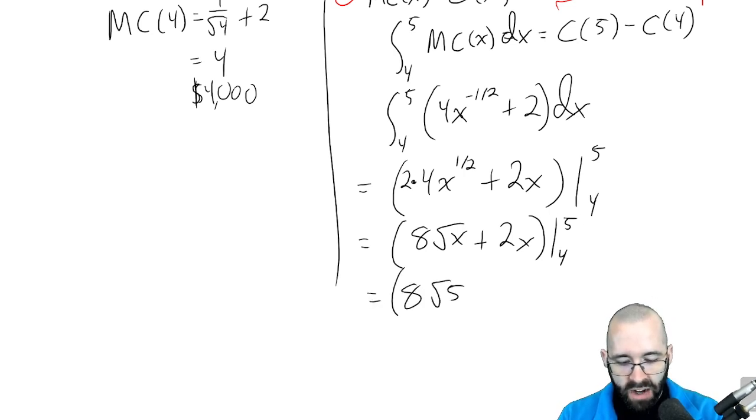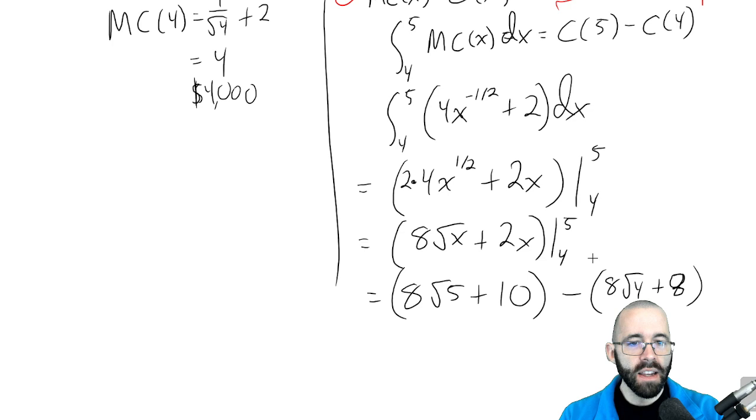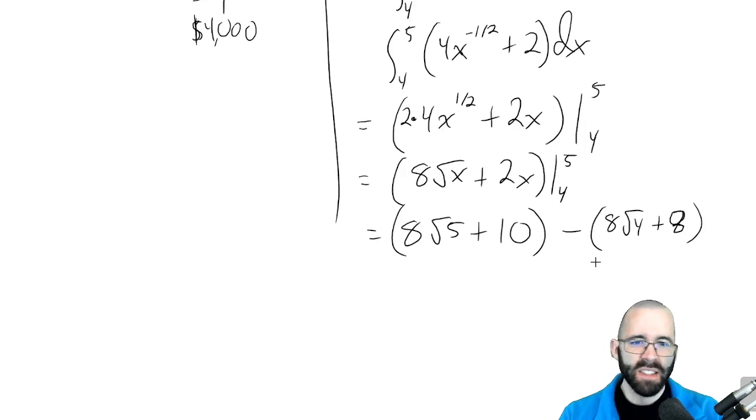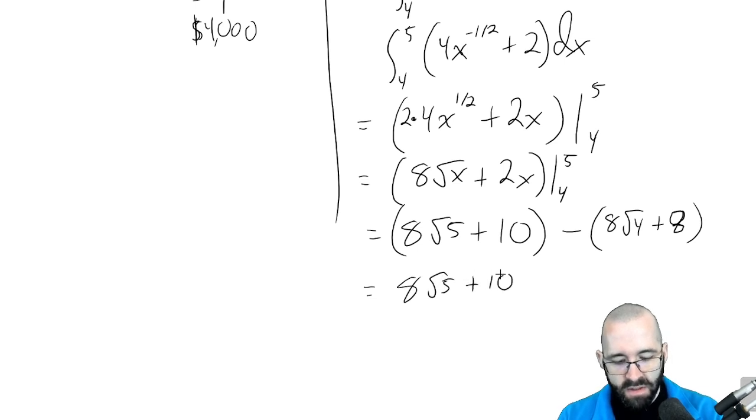8 times the square root of 5, I'm going to put this in parentheses, plus 2 times 5 is 10. Minus 8 times the square root of 4 plus 2 times 4 is 8. Can't really simplify the first half, but we could simplify the last half. Again, this is 8 square root of 5 plus 10.